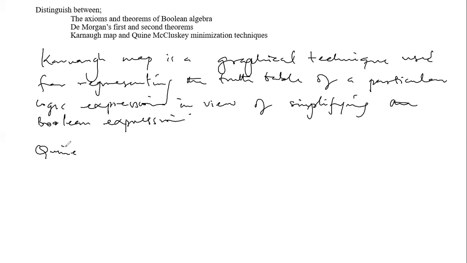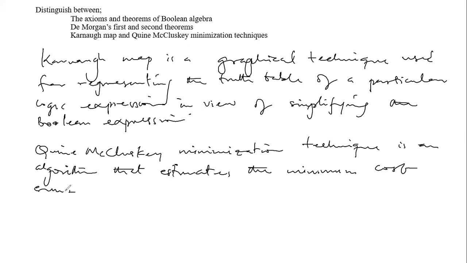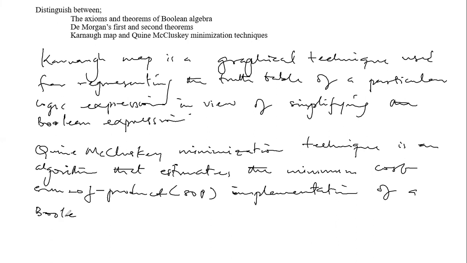While Quine-McCluskey minimization technique is an algorithm that estimates the minimum cost sum of product, SOP, implementation of a Boolean function. I think that's about it.